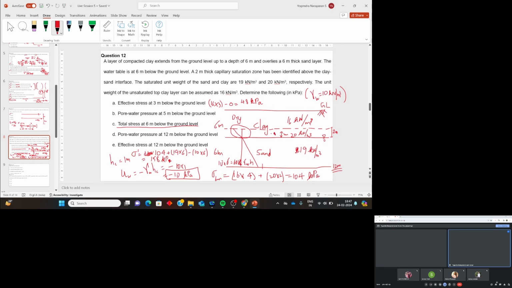Can you calculate the effective stresses at 5 meter from ground level?